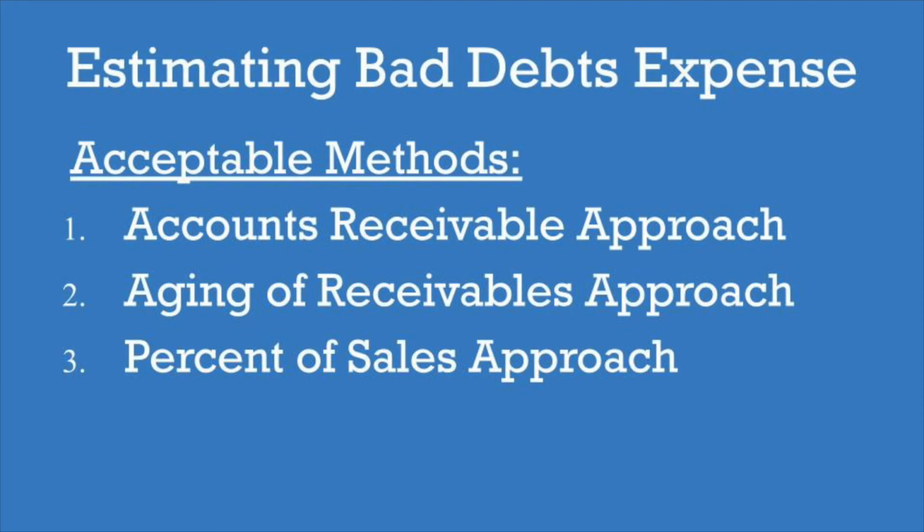First, there's the accounts receivable approach, which looks at our accounts receivable and makes an estimation in terms of percentage of how much of it will be recoverable. Then there is the aging of receivables approach, and that works on the philosophy that the longer a bill is outstanding, the less likely it's going to get paid. We'll look at the detail of that in a minute. And the percentage of sales approach is a third method that can be used, and we'll look at that.